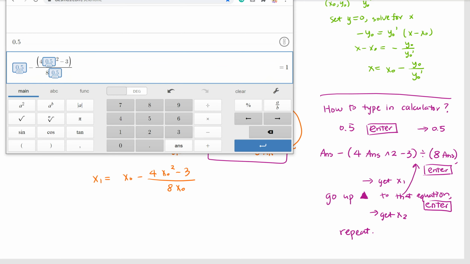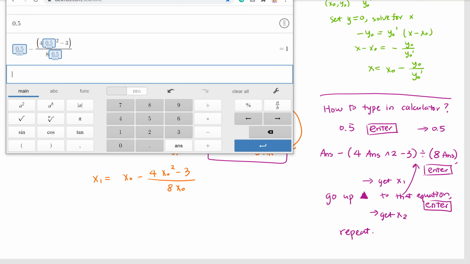Okay, so in your calculator you have to put the parentheses. Otherwise they will think you divided by 8 and multiply by the answer. Okay, and then that's it. Click enter. Ooh, see, x1 is 1. So x1 equals 1.